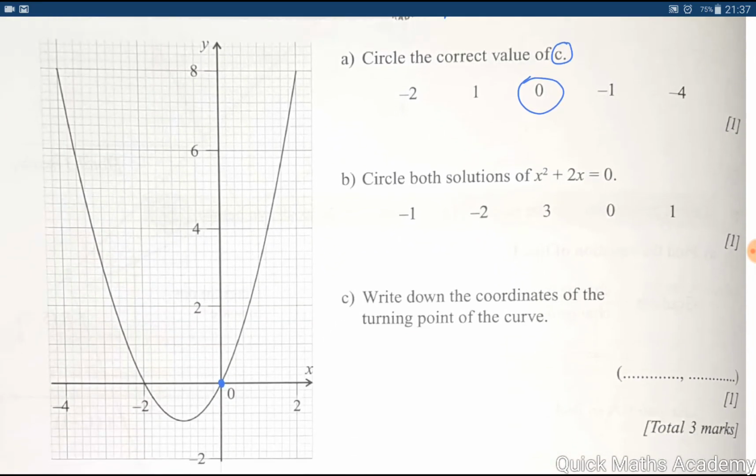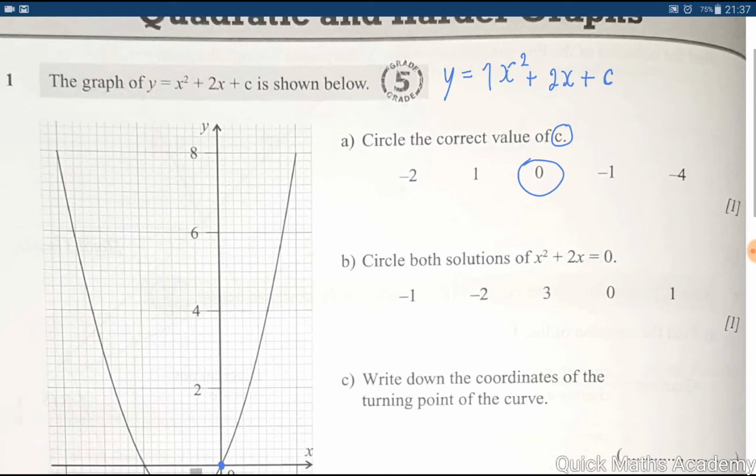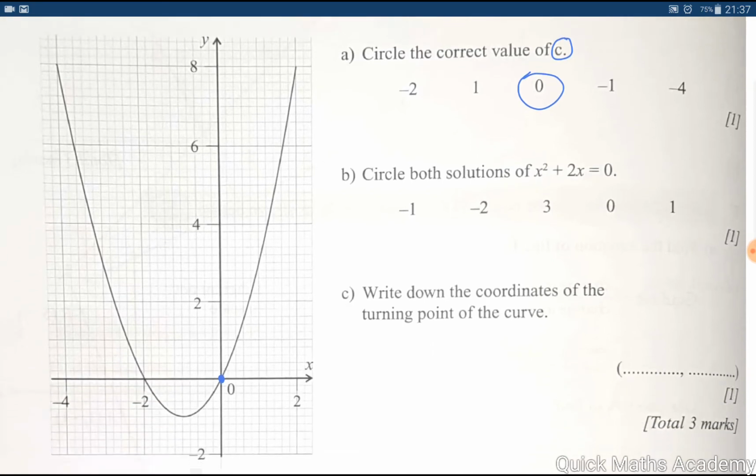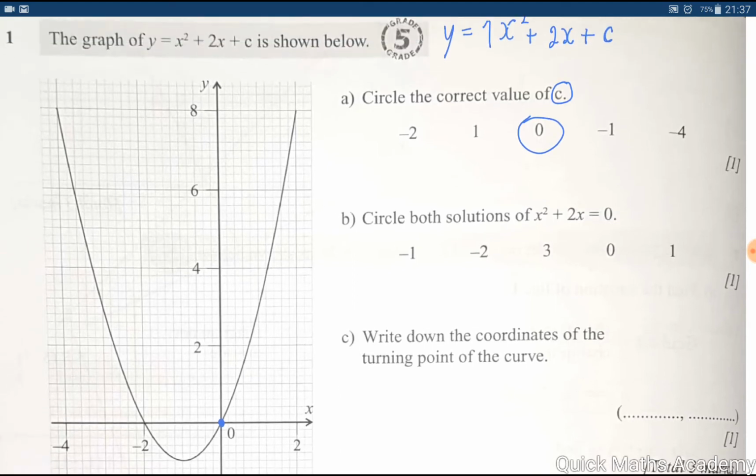B. Circle both solutions of x squared plus 2x equals 0.